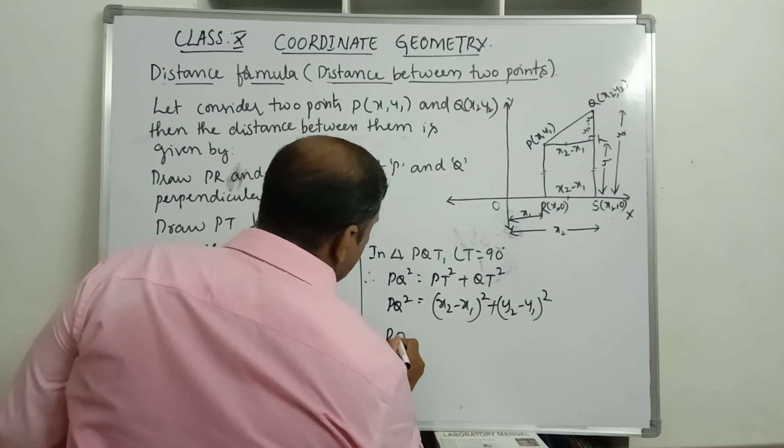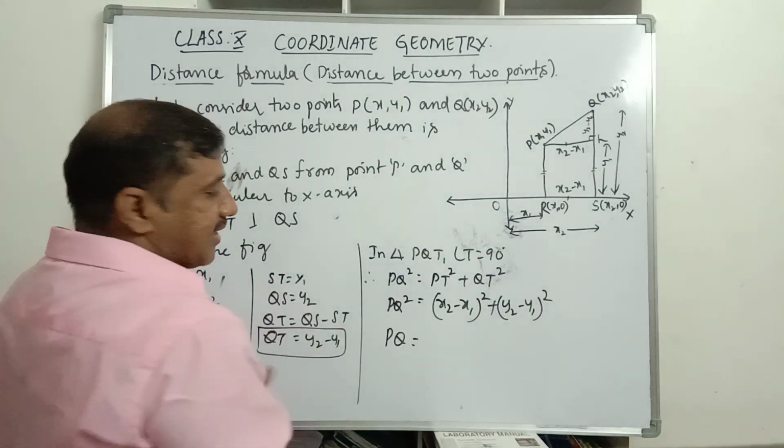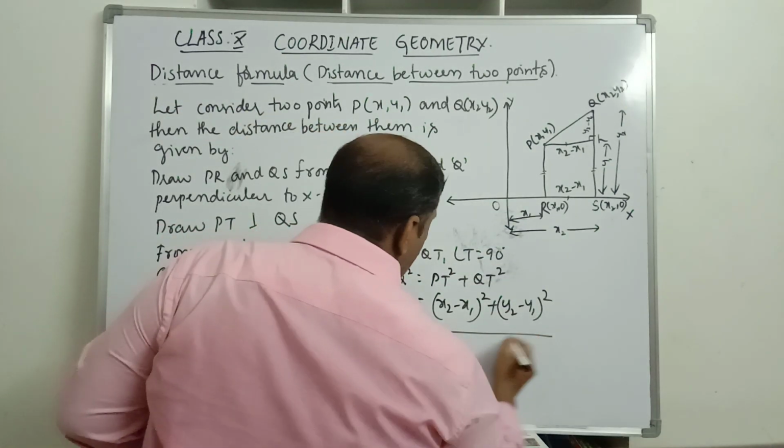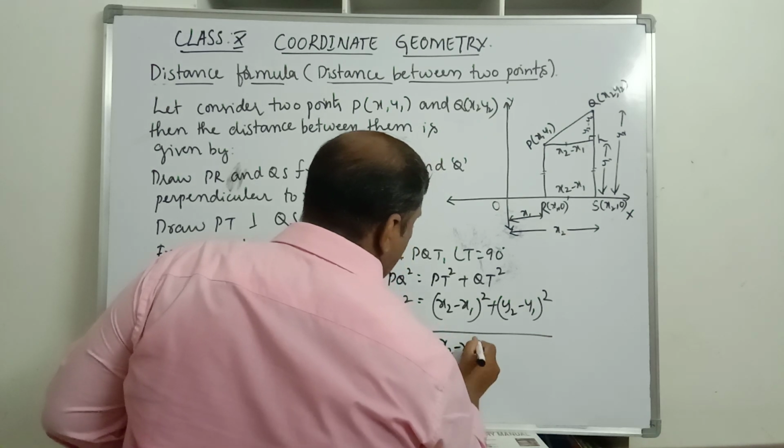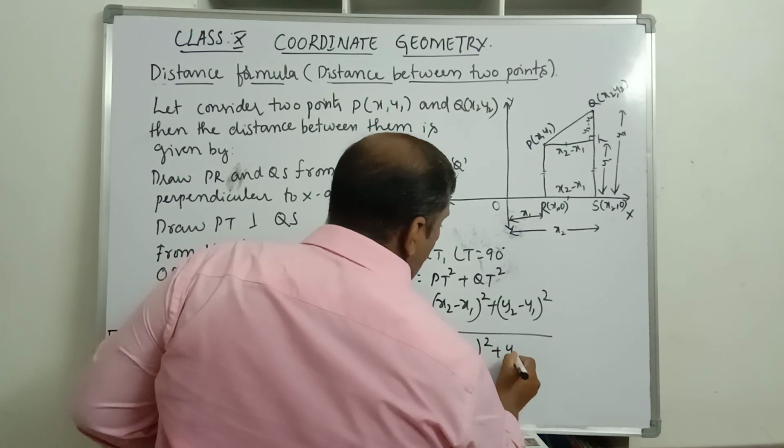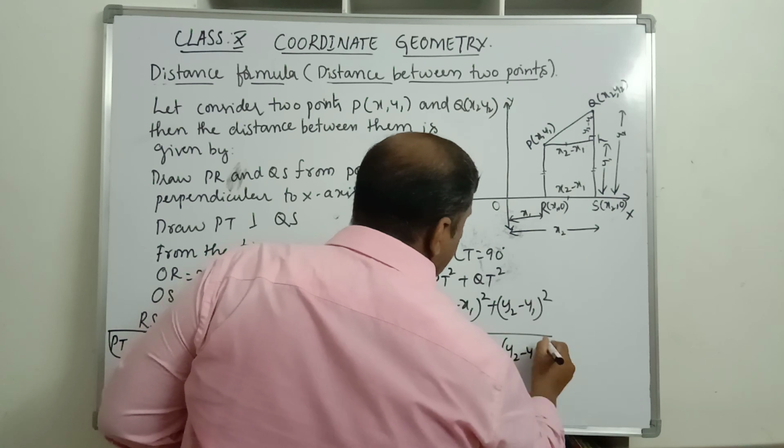Now PQ is equal to, transposing the square to the right-hand side, the square root of x2 minus x1 whole square plus y2 minus y1 whole square.